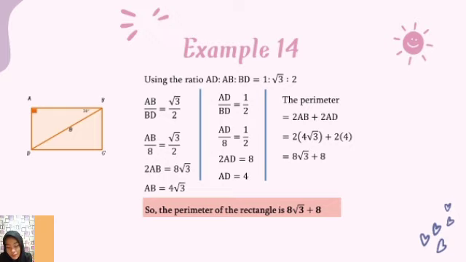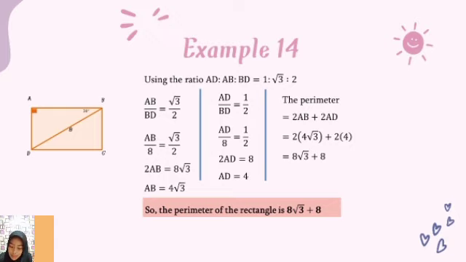AD over BD equals half, and the value of BD is 8. We cross multiply both sides, and we have 2AD equals 8, so the value of AD equals 4.